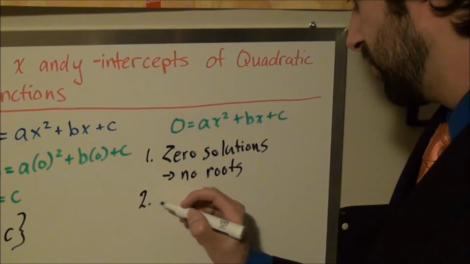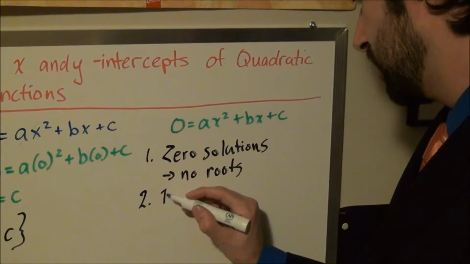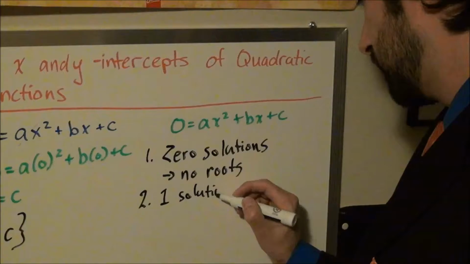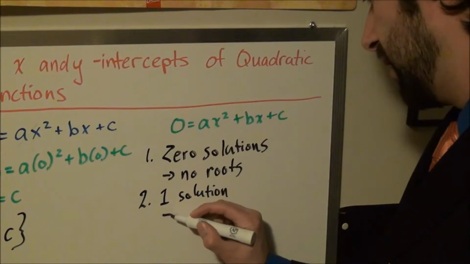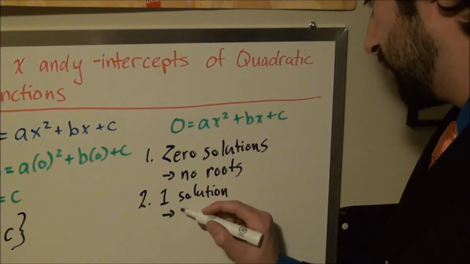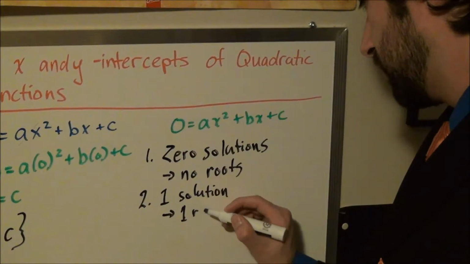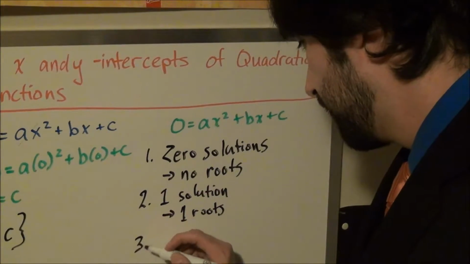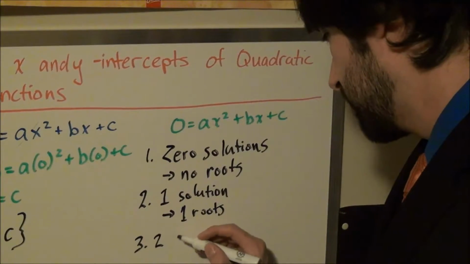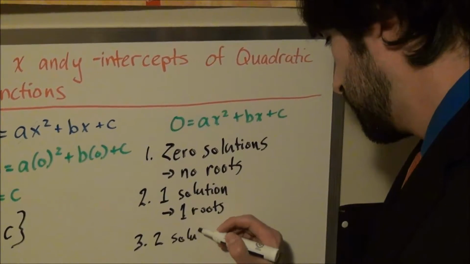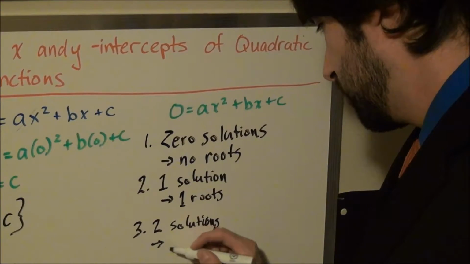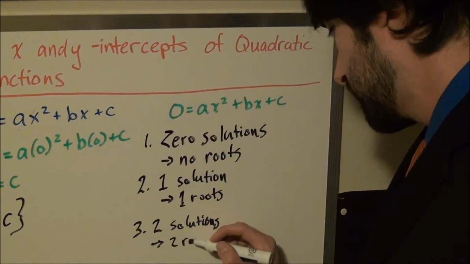Case 2 is 1 solution, which will mean only 1 root. And case 3 will mean 2 solutions, which will mean that there are 2 roots.